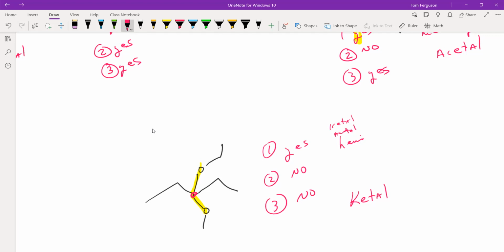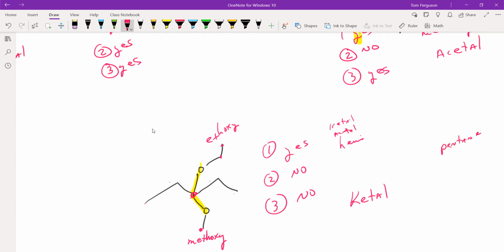Okay, so this is a methoxy, ethoxy. Ethoxy because it's got 2 carbons, methoxy because it has 1. And it's going to be 1, 2, 3, 4, 5, so it's going to be a pentane.